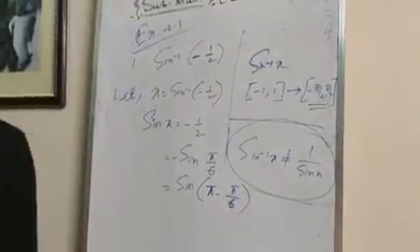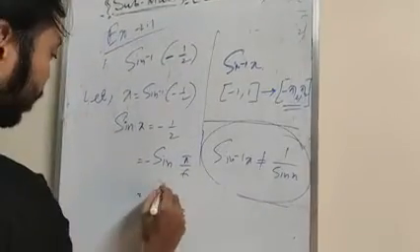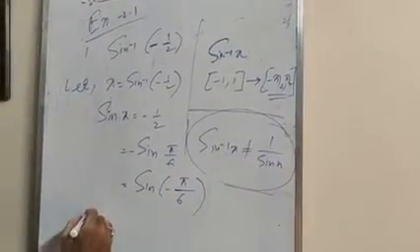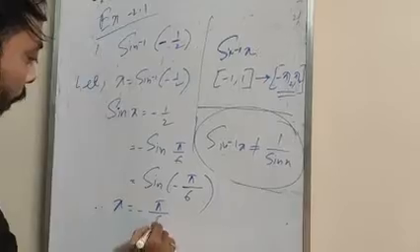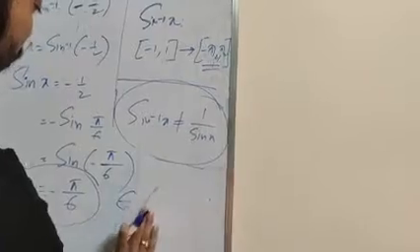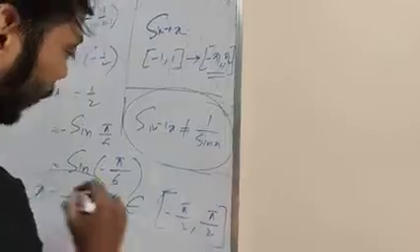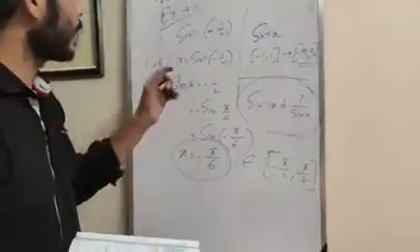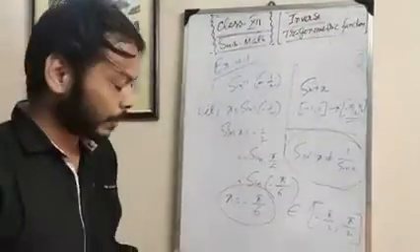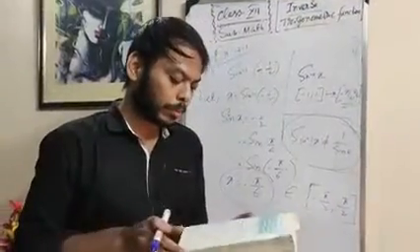So it will be sine of minus pi by 6. So x equals minus pi by 6, which lies in the closed interval minus pi by 2 to pi by 2. Here the principal value of sine inverse minus half equals minus pi by 6. In this way you can solve the rest of the problems.